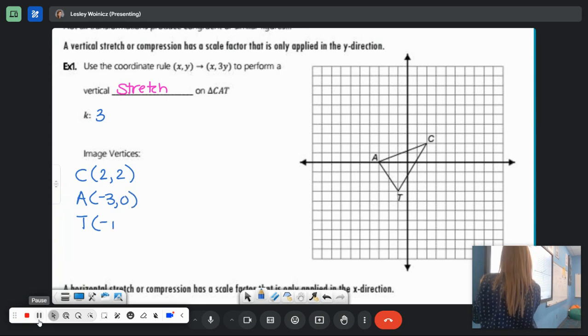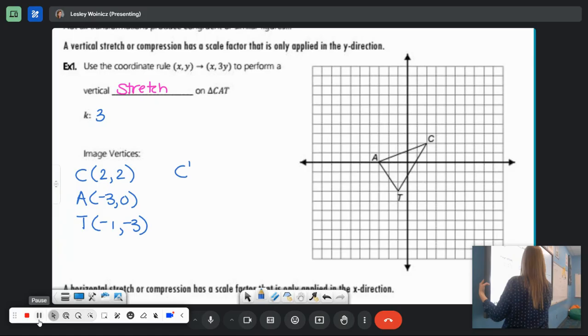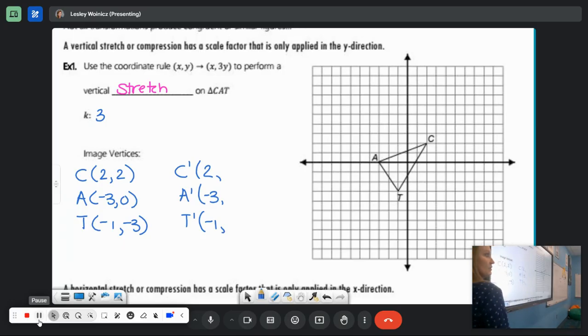Is that -3? Okay, so when we do our stretch, we're going to keep all of the x's the same. So the 2 stays a 2, the -3 stays a -3, -1 stays -1. And then all of our y values are going to be stretched by a factor of 3.